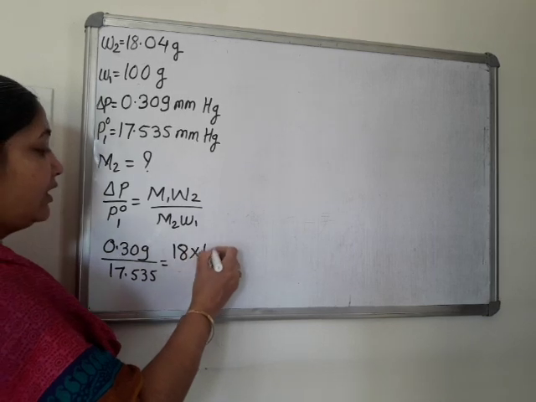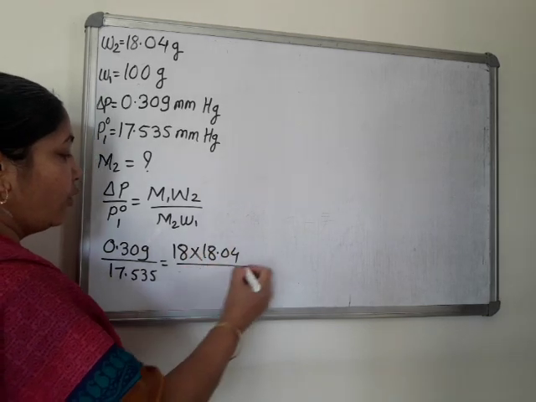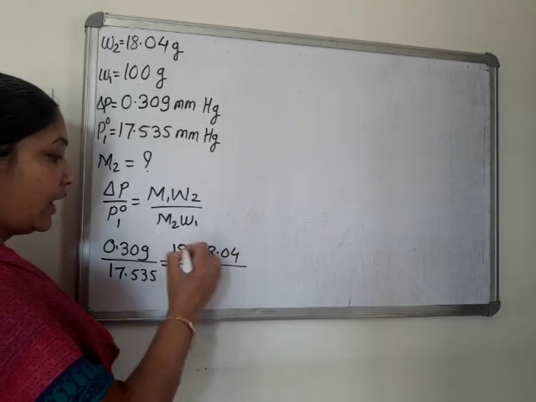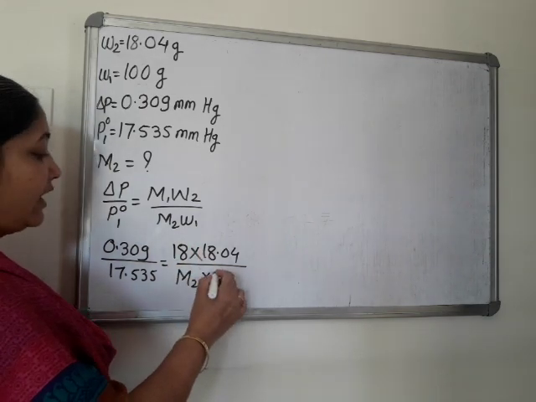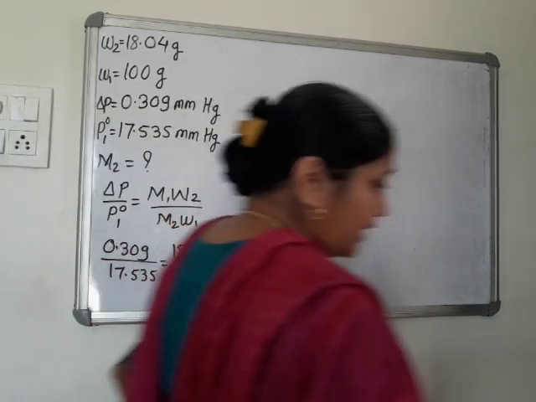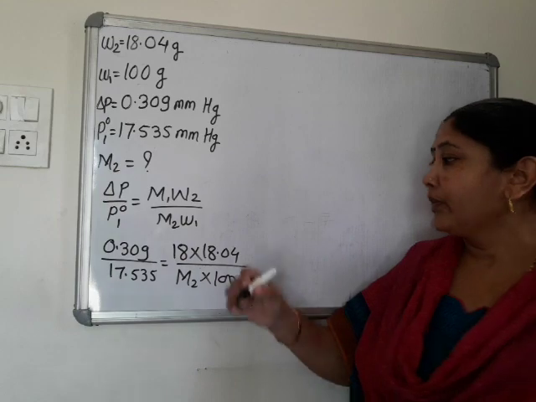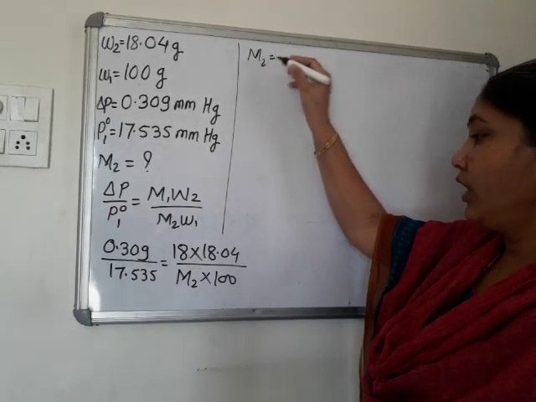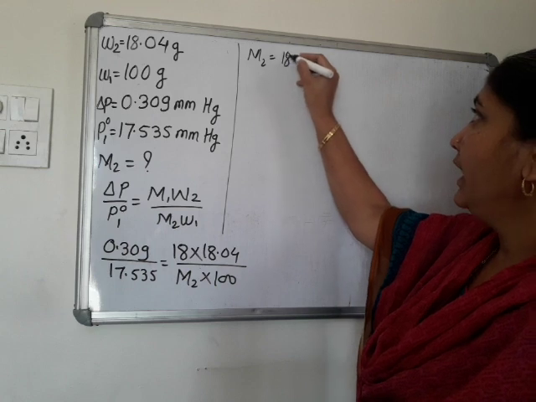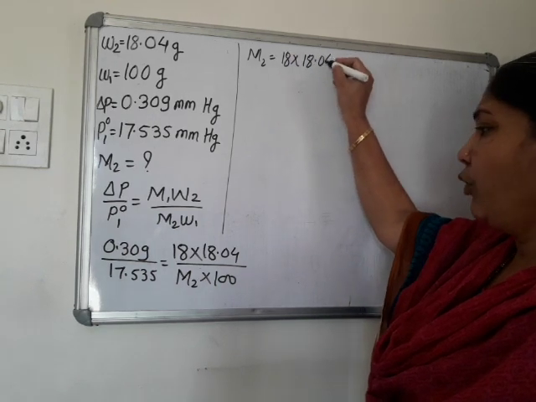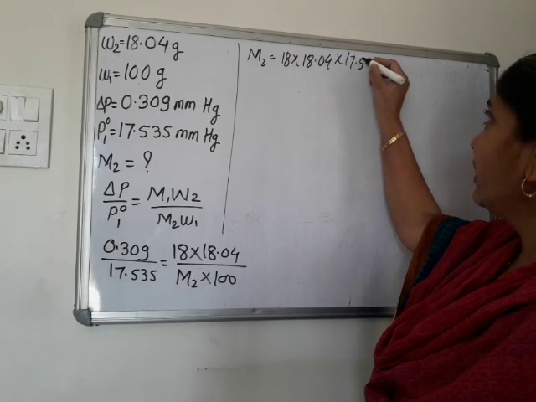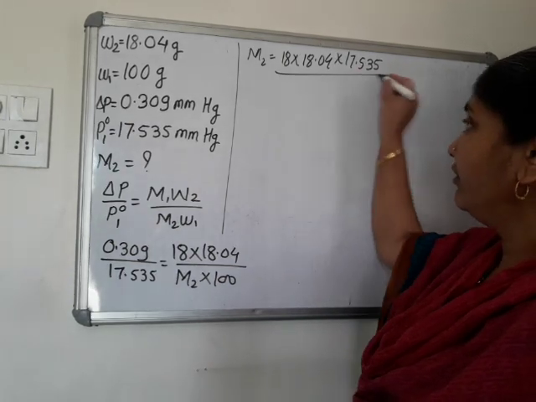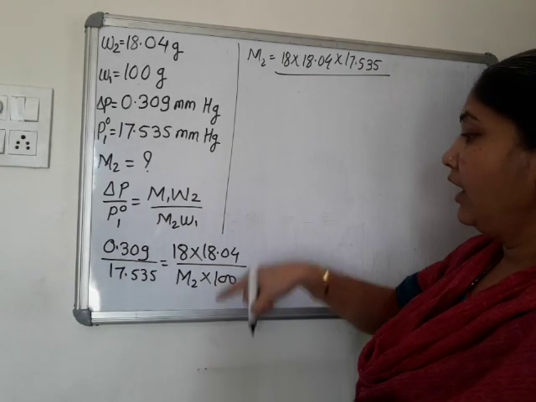W2 is given as 18.04. M2 we have to calculate. And W1 is given as 100. Rearrange this in terms of M2. So M2 is equal to 18 into 18.04 into 17.535 upon 100 into this.